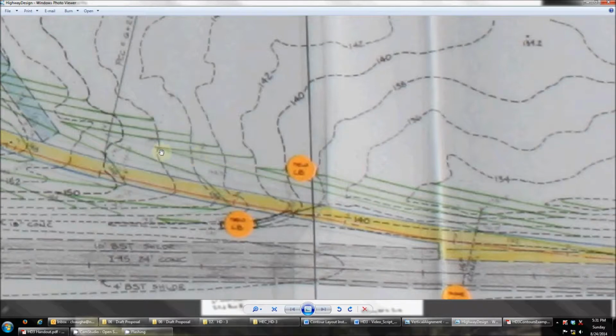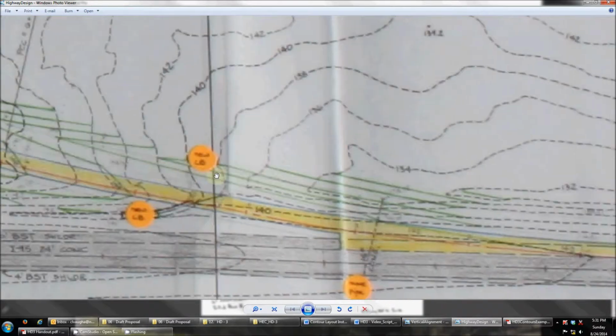The length of those contours gets smaller and smaller until you get to the 138 contour line. So up to 140, that'll still be a ditch line. But at the 138 contour line, the new contour lines will tie into the existing contour line. So you'll see for 138, they just tie into the existing ground, 136, 134, 132, and so forth.